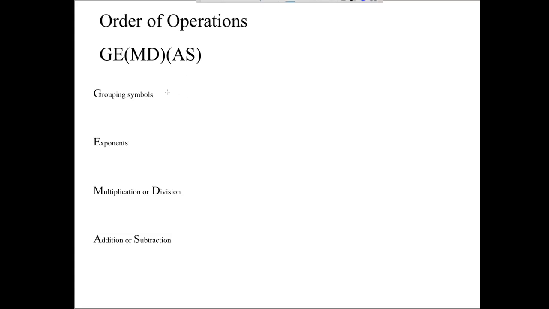We might have parentheses, brackets, a radical symbol, a fraction bar, or a set bracket. There are many things we would call grouping symbols that fall under this one category.